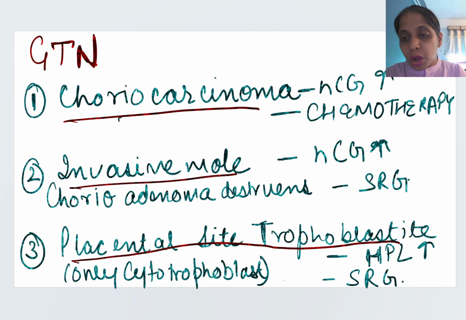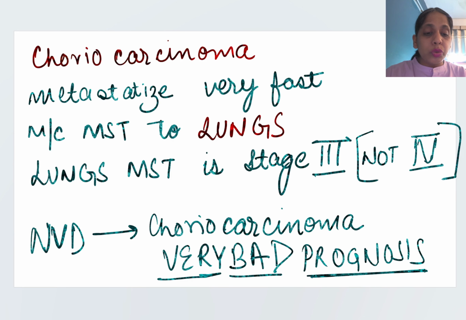Some questions asked about choriocarcinoma: choriocarcinoma metastasizes very fast, most commonly to the lung. It is seen as cannonball appearance on the lung x-ray; cannonballs on the x-ray mean choriocarcinoma.